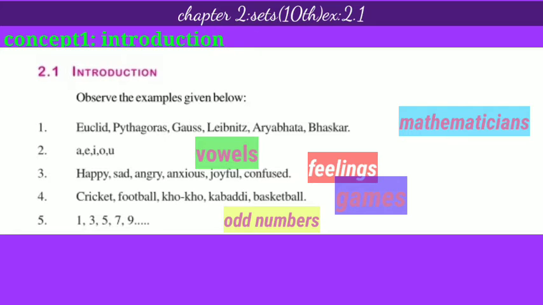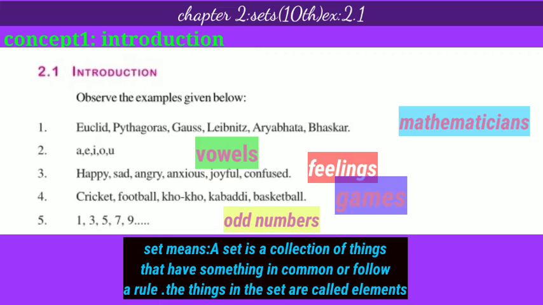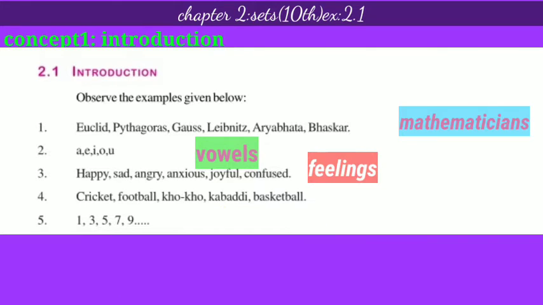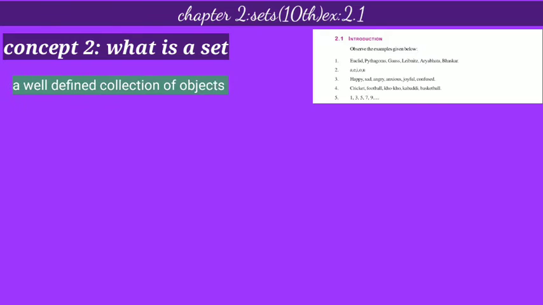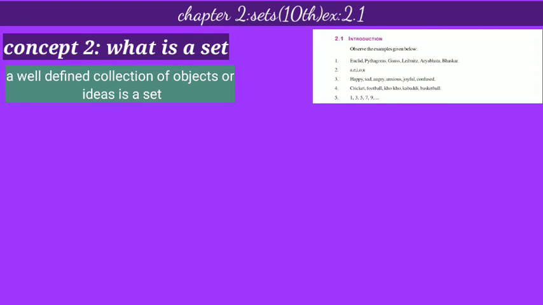A set means well defined objects or numbers that form a collection. In the examples seen so far, each collection has something in common. So we can say a well defined collection of objects or ideas is a set.